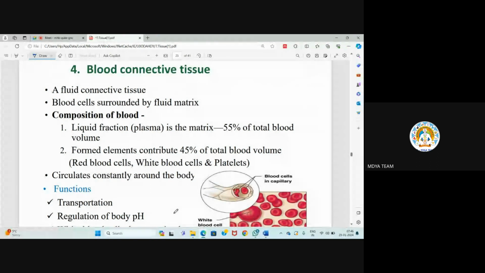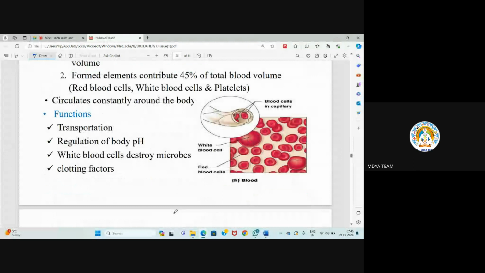Now, what are the functions? Transportation, obviously. When we are eating, the food is digested and absorbed from the small intestine, and that nutrition is mixed in blood, and blood provides nutrition through the whole body.